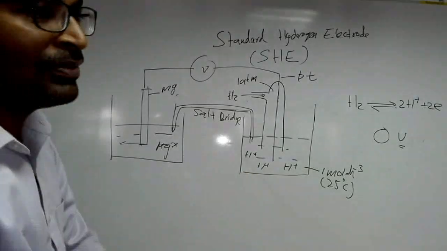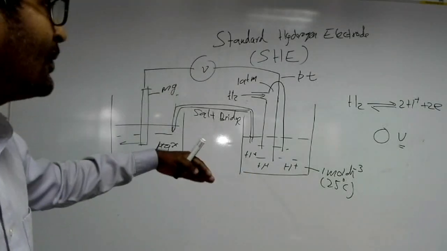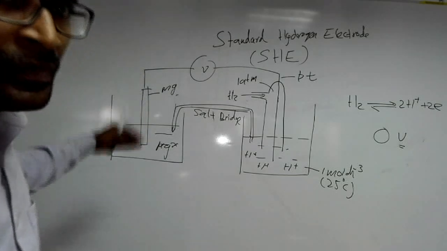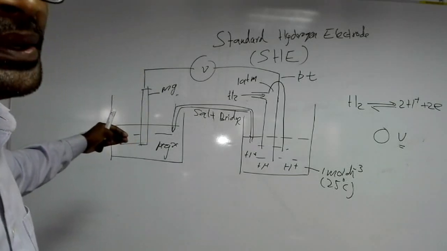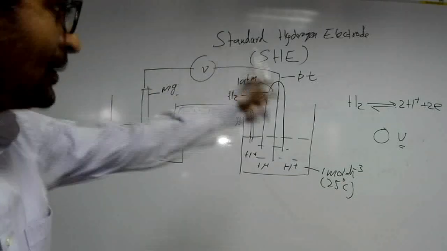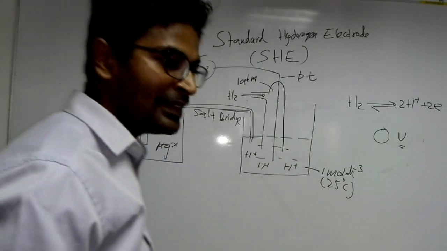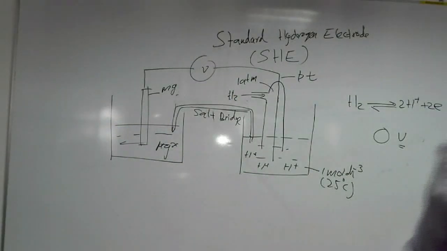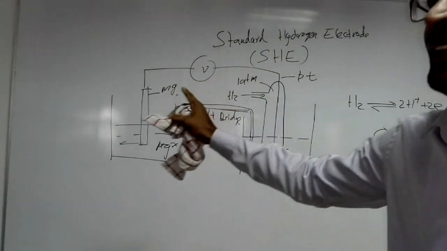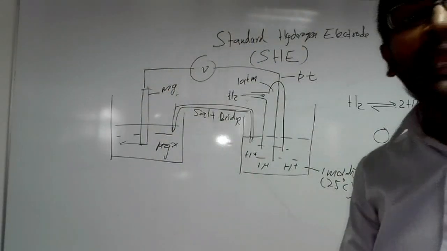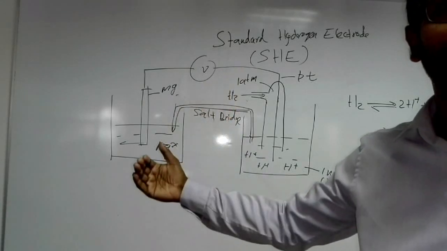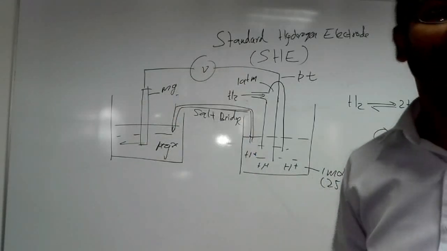The electrode potential of this type of metal ion electrode is measured with respect to this one. The only thing you have to understand is that when the standard hydrogen electrode is connected, a standard electrode is formed, whether it is magnesium ion, copper ion, or any type of metal ion.